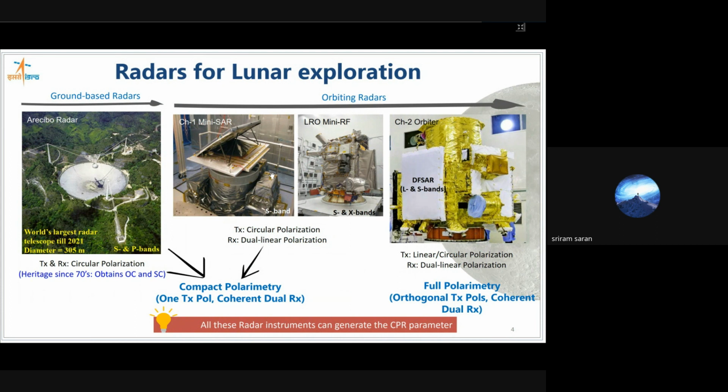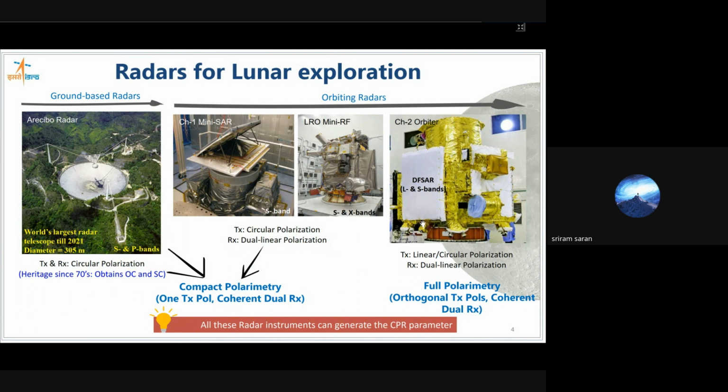So it's a different technology that has been used in order to balance the mass requirements on a planetary mission. So these two kinds of radar instruments are a form of compact polarimetry. That means we transmit one polarization and then receive in two different polarizations.